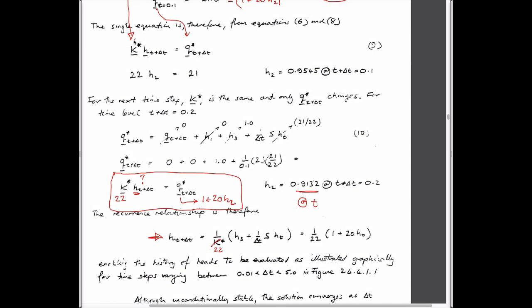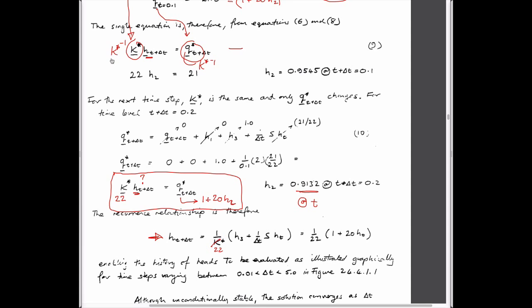We have a conductance matrix, we have something that we want to solve for, and we have a load vector. We have to solve this by, symbolically anyway, doing this. What do we do? If you think about it, what we do is we basically multiply both sides by k star minus 1.